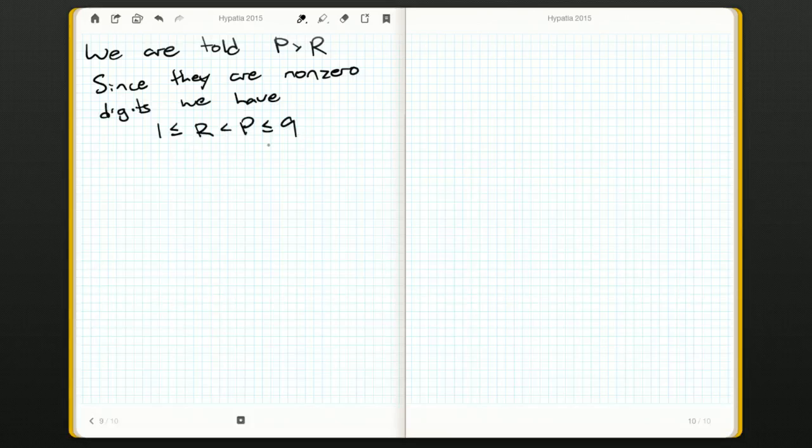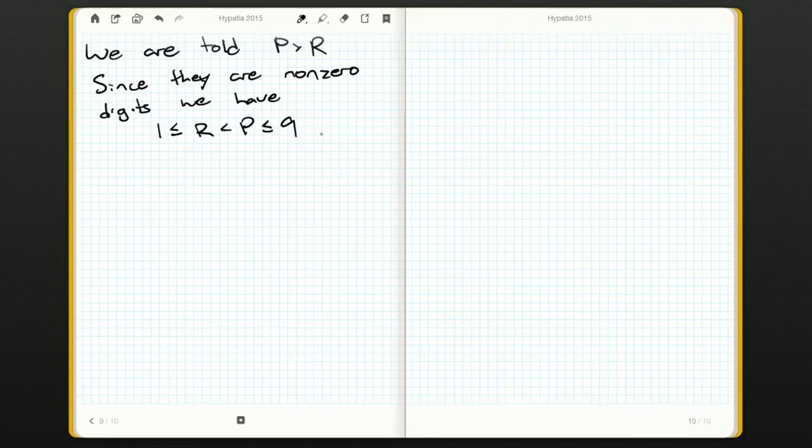Okay? So R at the very least can be 1, P at its greatest can be 9. And the interesting thing actually to note is that Q plays absolutely no role in determining the difference of PQR and RQP. So that's kind of nifty.